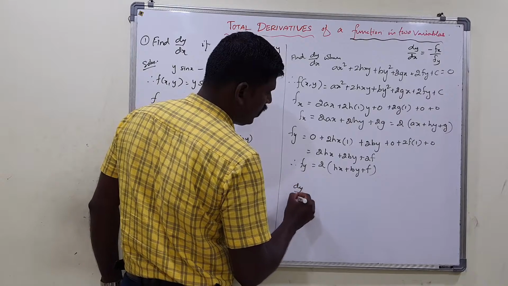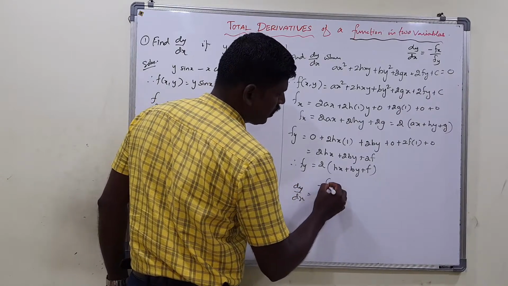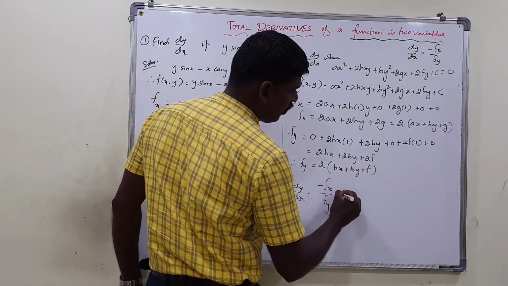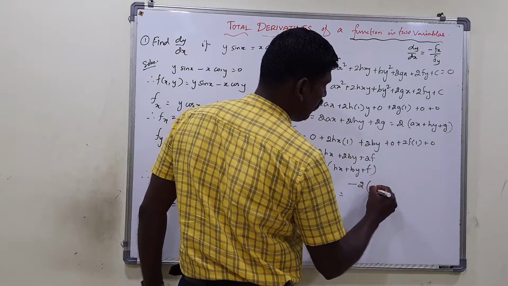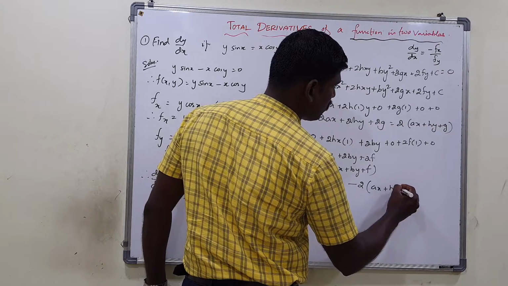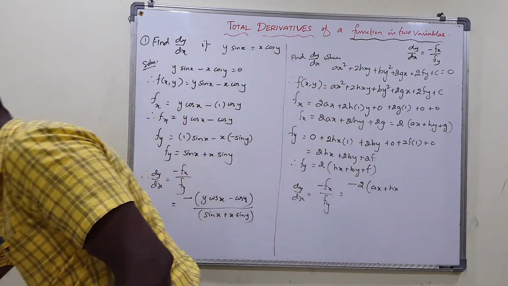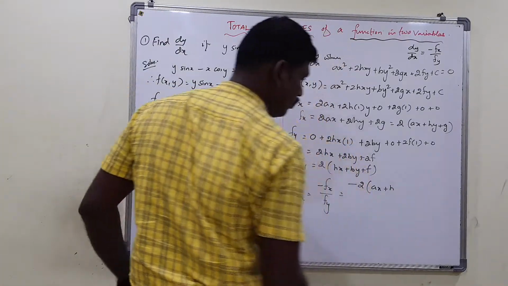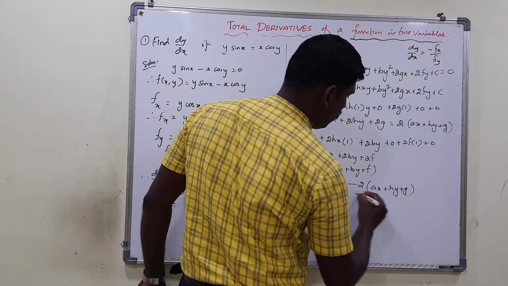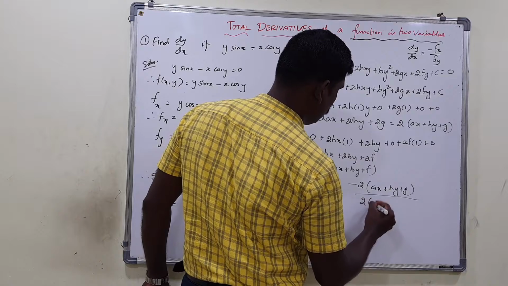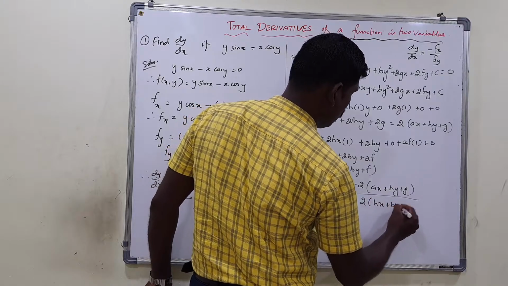So what is dy by dx? Minus fx by fy, that is equal to minus, what is fx? We already found it out, isn't it? ax plus hy plus g, divided by 2 into hx plus by plus f.